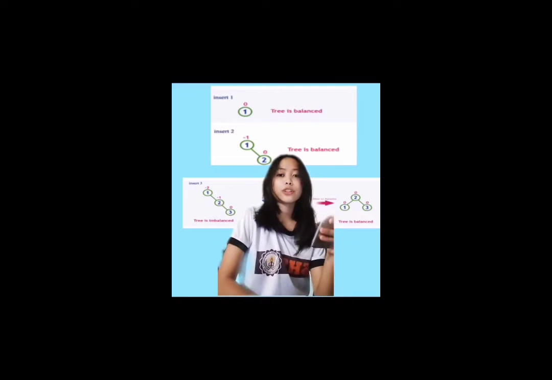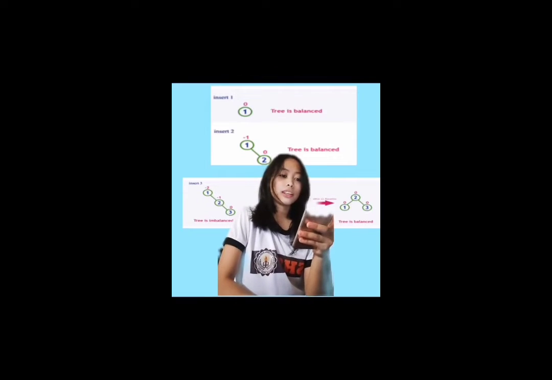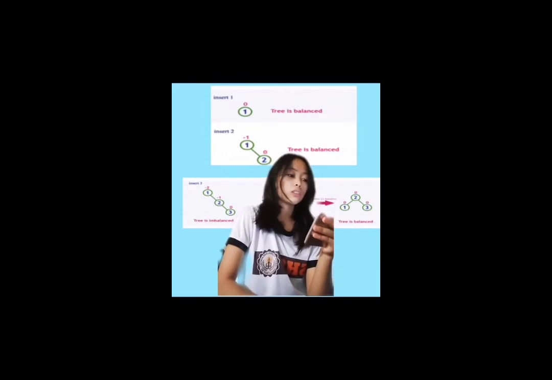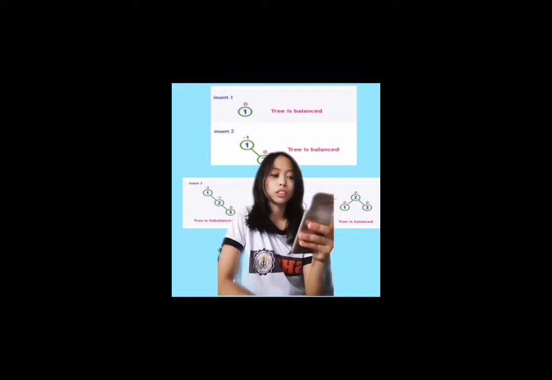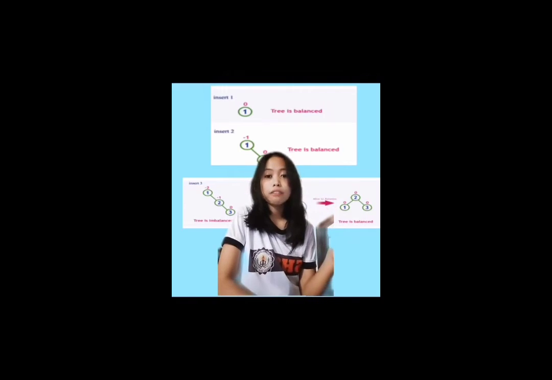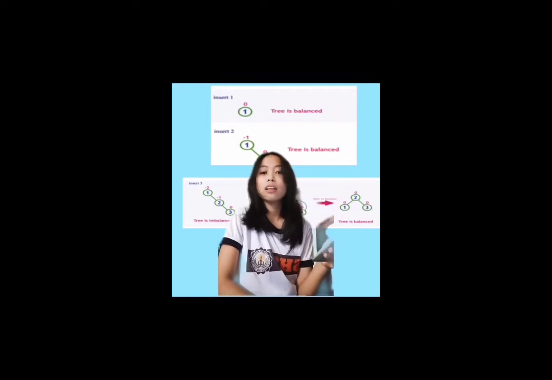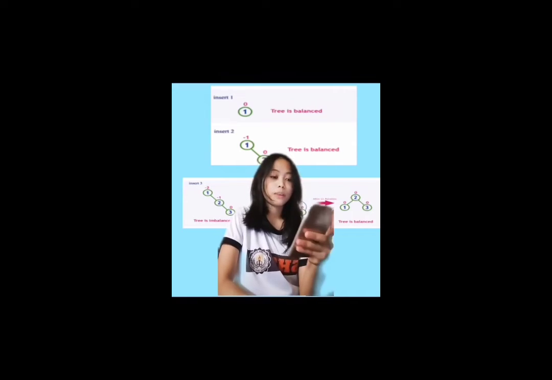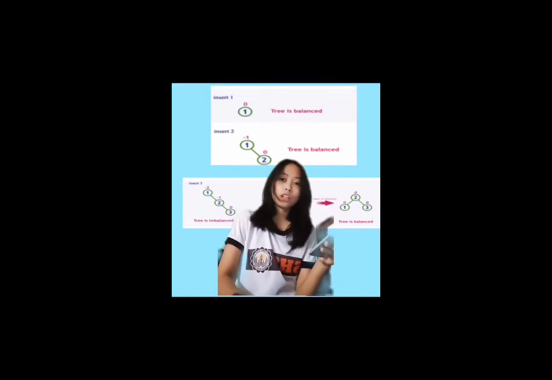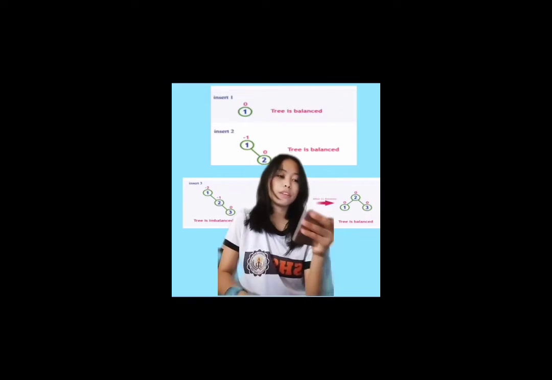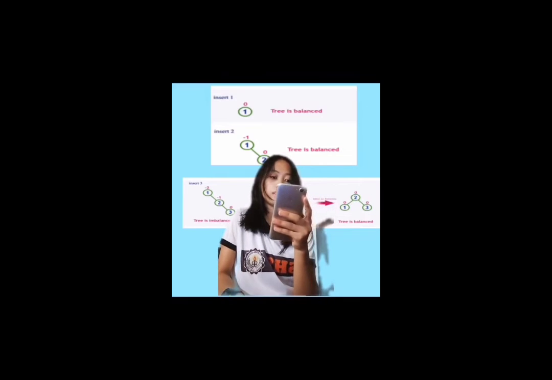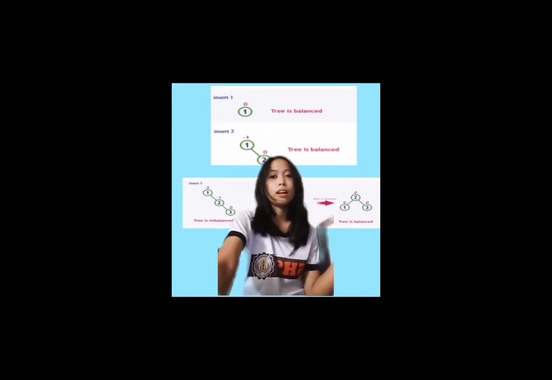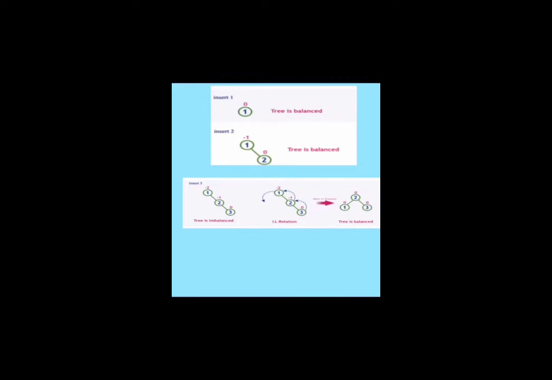So, the AVL insertion process. Insertion in an AVL tree is similar to insertion in a binary search tree, but after inserting an element, you need to fix the AVL properties using left and right rotations. So when to use rotations? First, if there is an imbalance in the left child's right subtree, perform the left-right rotation.